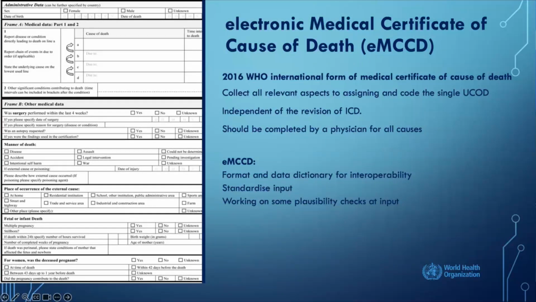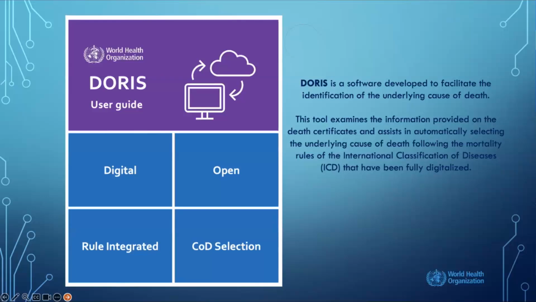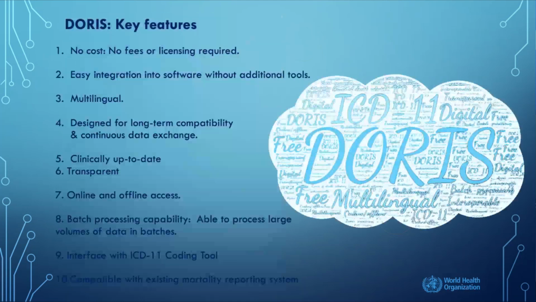So the EMCCD are the technical specifications based on the 2016 MCCD form. This is done on the input side. Then when we get the data in DORIS, we select the underlying cause of death after having the information listed on the death certificate. Now, the most important part to mention is that, as with all WHO ICD-11 framework tools, it's free.